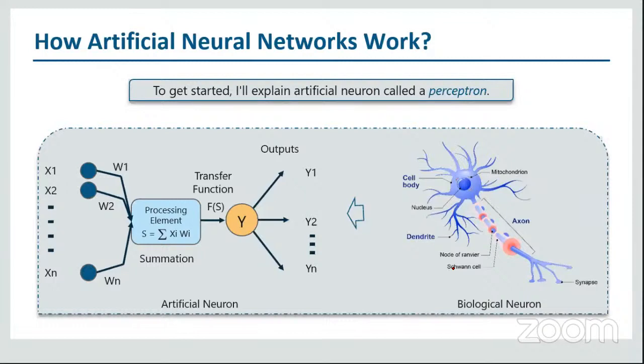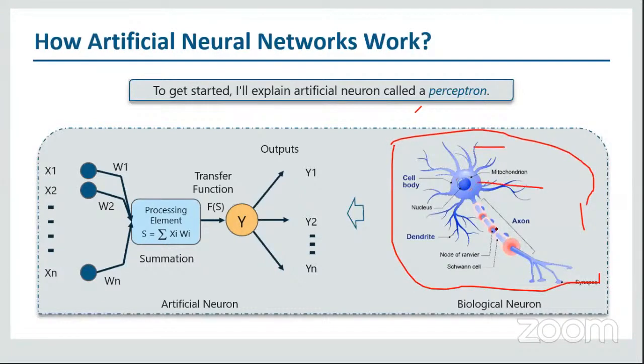This seems to be a very complex or heavyweight image. Let's try to understand to make things relatively easy. So we know the left side first, the biological neuron. We said dendrite, this is the cell body, this is the axon, this is the synapse.